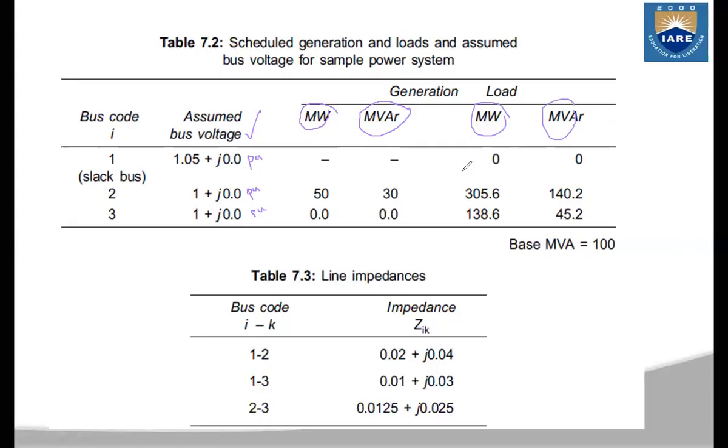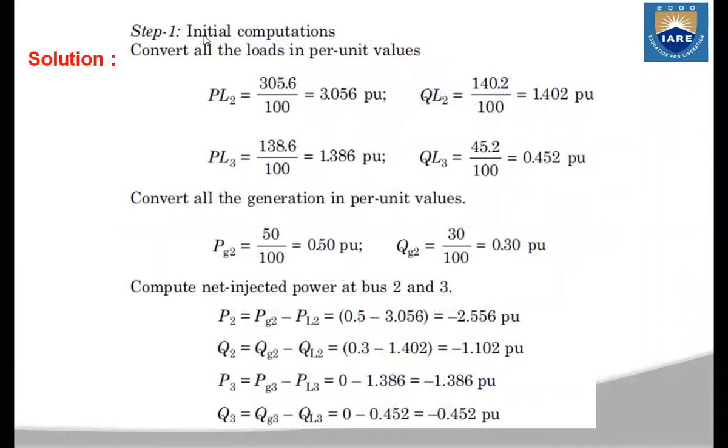While solving power system problems, generally all parameters you have to represent in the per unit system. So here you have to take base MVA as 100. Now you have to convert all these megawatt and MVAR values into per unit values. We first convert them to per unit values with the base of 100 MVA. So the initial step is you have to calculate all powers in per units.